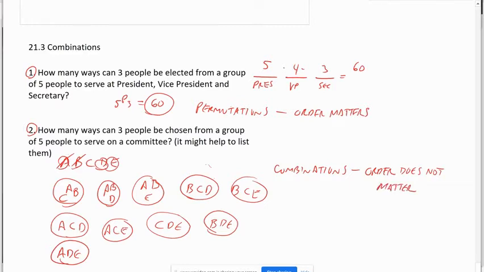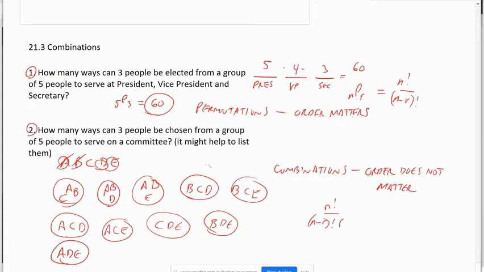As far as the equation, you learned in the last section that n items permuted r at a time has the formula n factorial over n minus r factorial. For combinations, it's the same as permutations, except that every time we pick a group, we want to see how many different ways we can arrange those and divide those possibilities out.